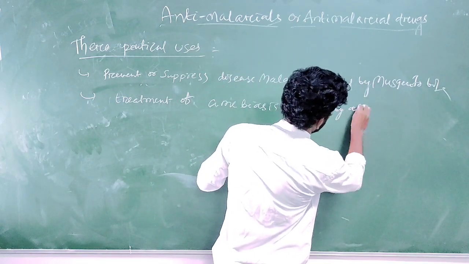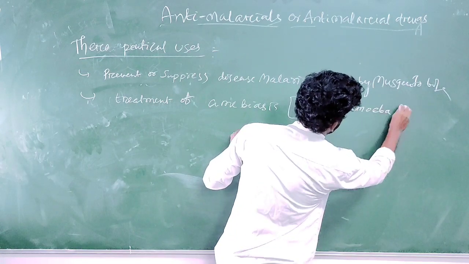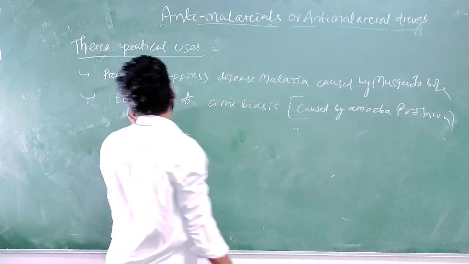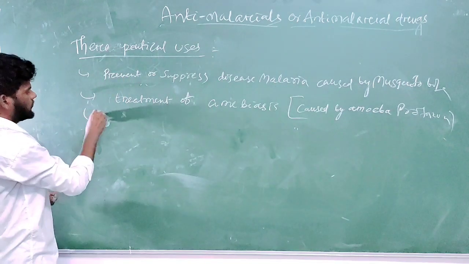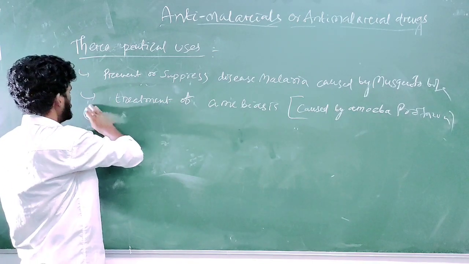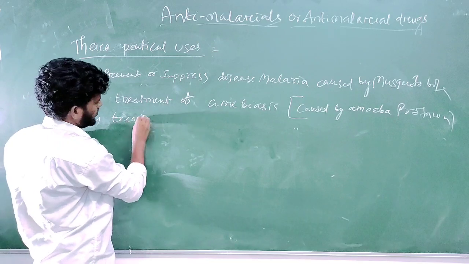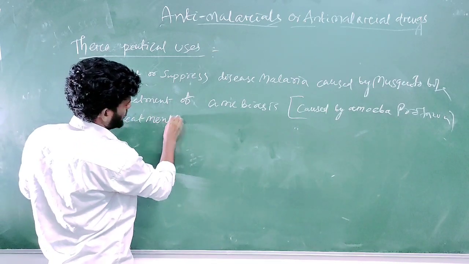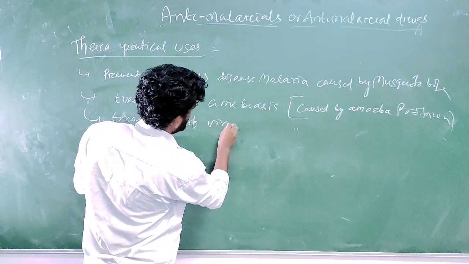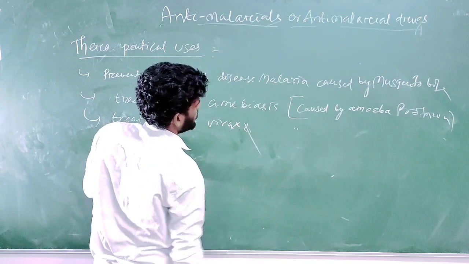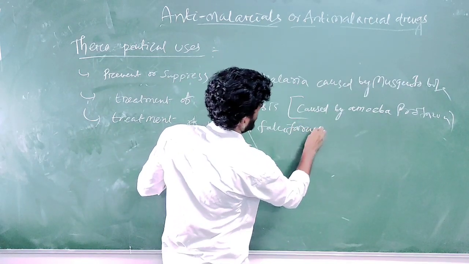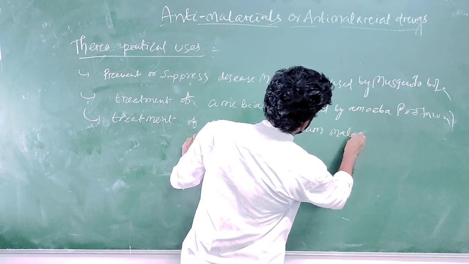So chloroquine is used for the treatment of amoebiasis, and also for the treatment of malaria. There are different types of malaria, but chloroquine is particularly used for vivax and falciparum malaria.